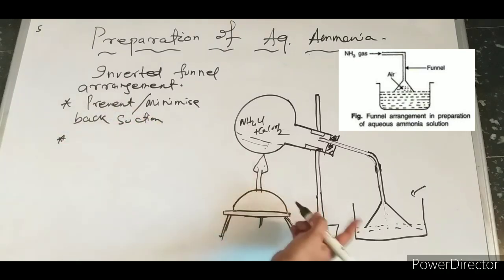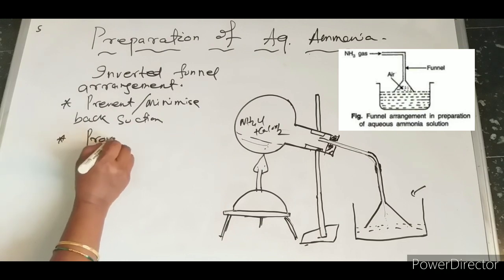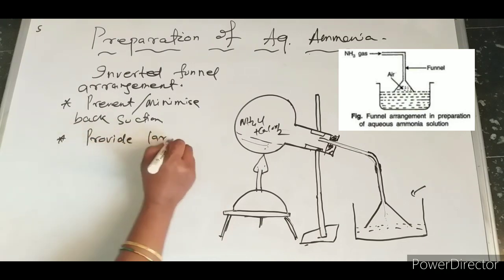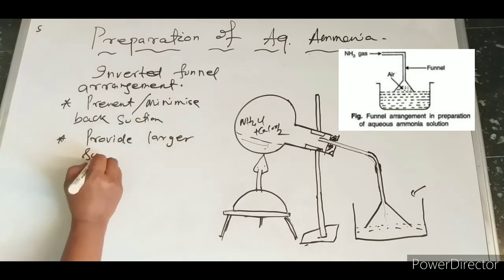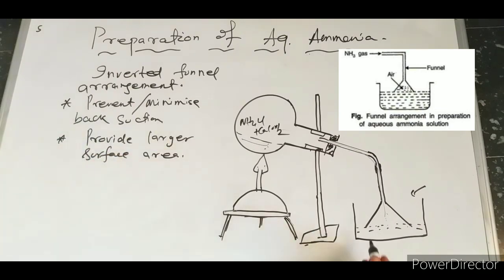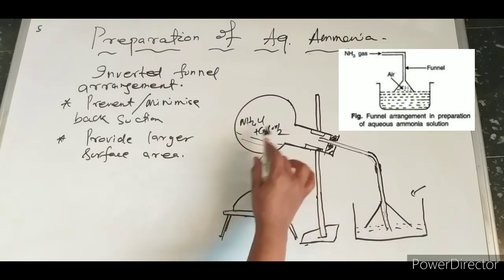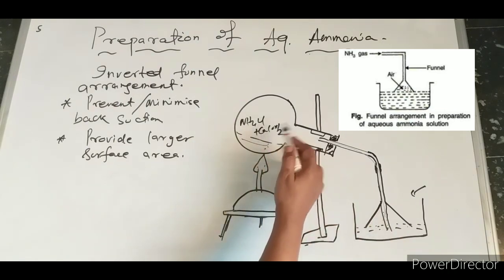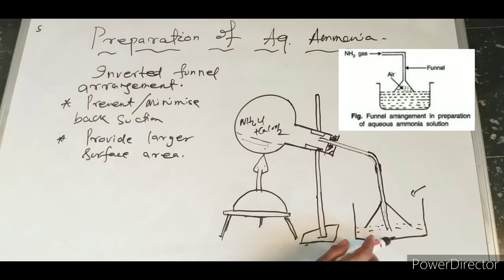Second, it provides a larger surface area. If we take a small surface, some water will go inside and dissolve the gas, and the pressure of the ammonia created will push the water outside.